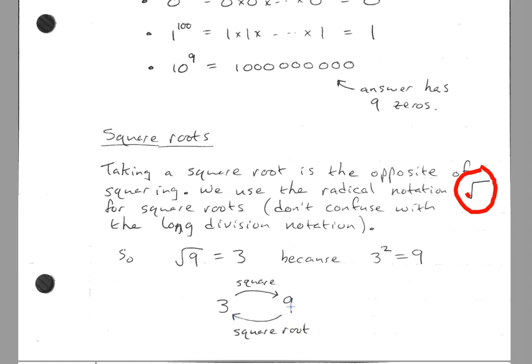Square roots are asking, what number squared gives you that number? Here it's 3. Using our radical notation, the square root of 9 is equal to 3. And if you want a reason, it's because 3 squared equals 9. So squaring goes this way, square roots goes back.